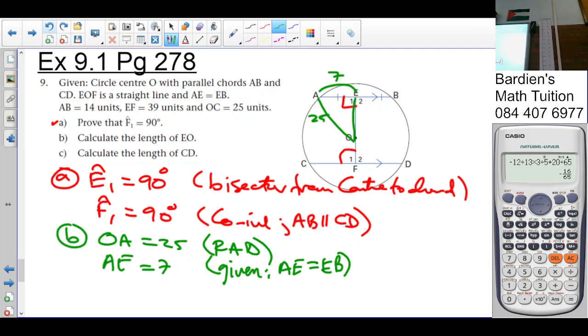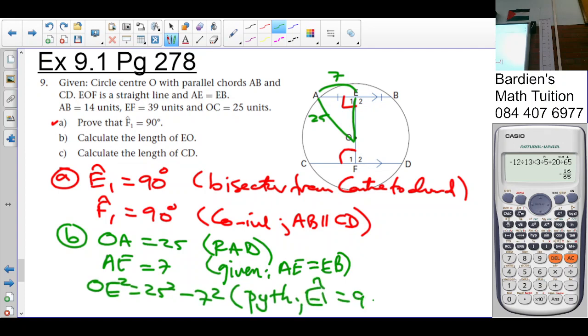Can I apply Pythagoras now? Yes, absolutely. So let's go with Pythagoras. It's going to be OE squared is equal to 25 squared minus 7 squared. Reason? Pythagoras with angle E1 equals 90 degrees. So what does OE work out to be now?